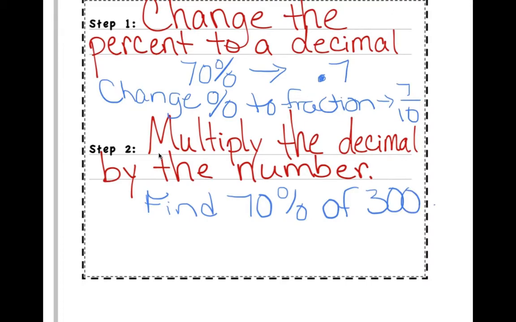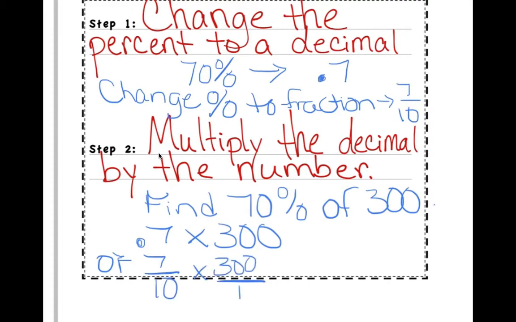Okay, you would do 0.7 times 300 to get your answer, or 7/10 times 300, which you can do pretty easily. You can put 300 over 1, cross simplify, of course, and you would end up with 210, or this is also 210. Okay, so that's really easy, right? Hopefully you thought so too.